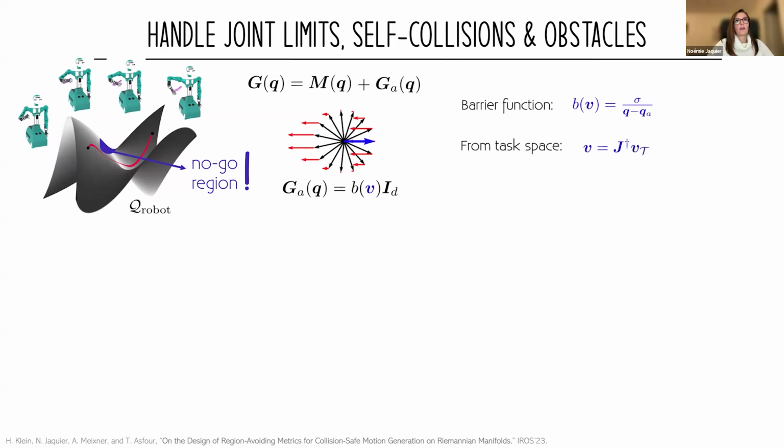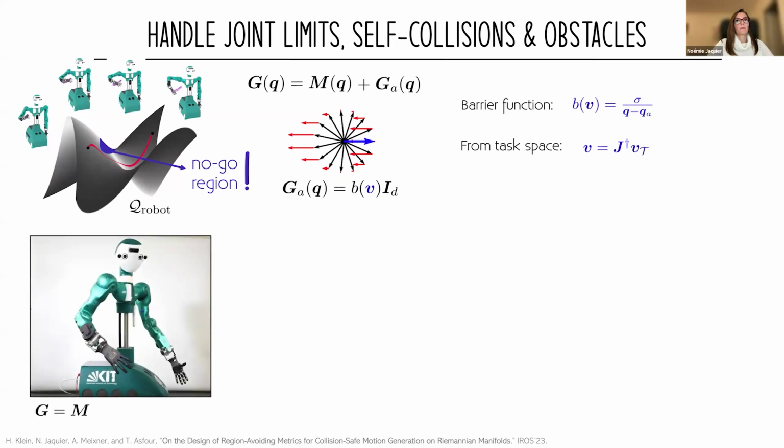We can also define a metric that accounts for obstacles that are in task space. We use the pseudo-inverse of the Jacobian to do so. And here is what it gives. Here we have a robot motion that follows a geodesic in the configuration space manifold. You see it's something that looks like a straight line.